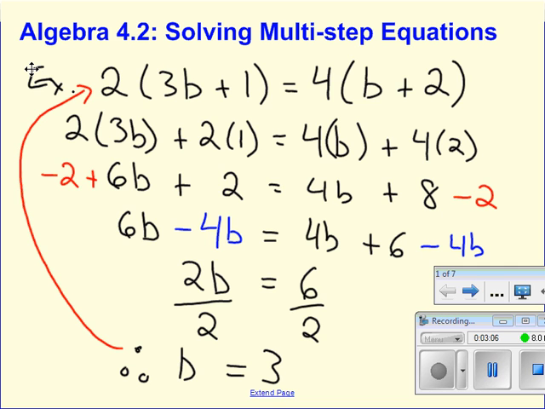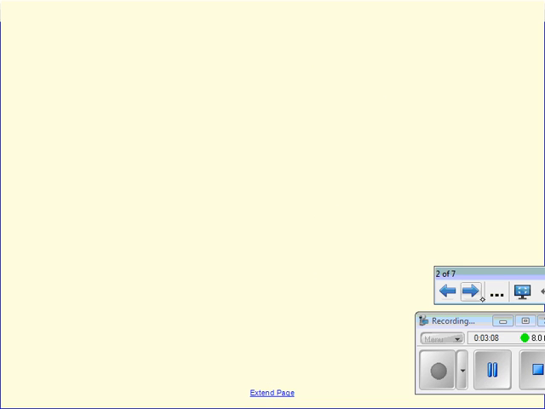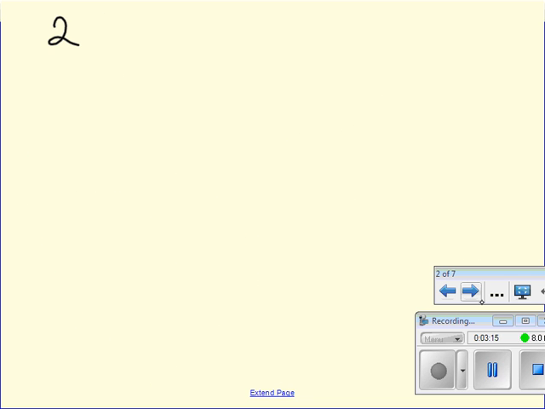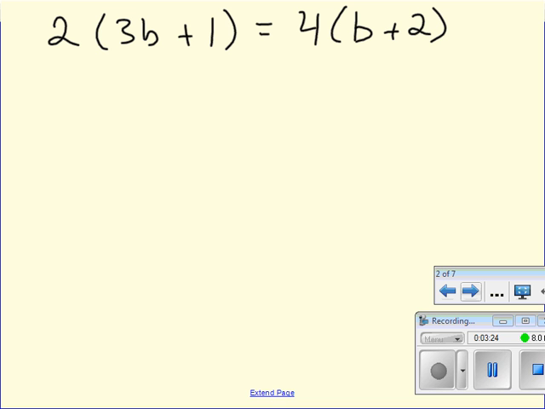So I have my equation, 2 times (3b plus 1) is equal to 4 times (b plus 2).